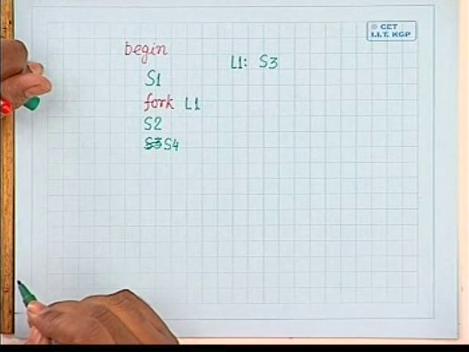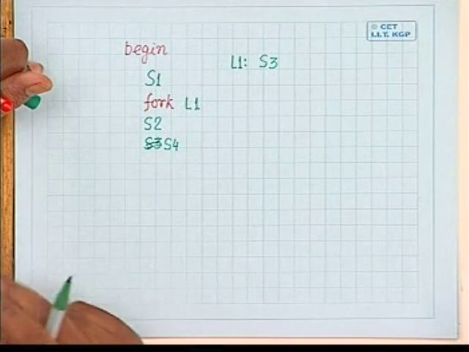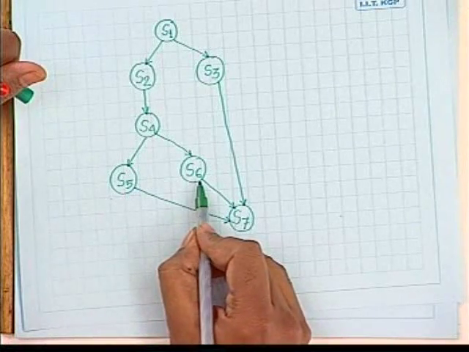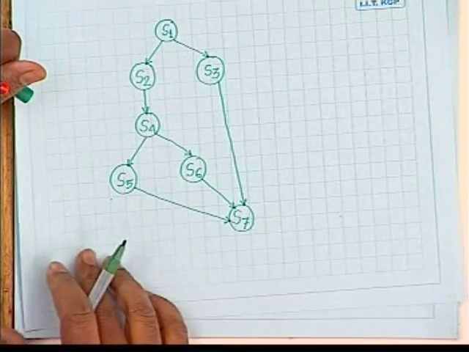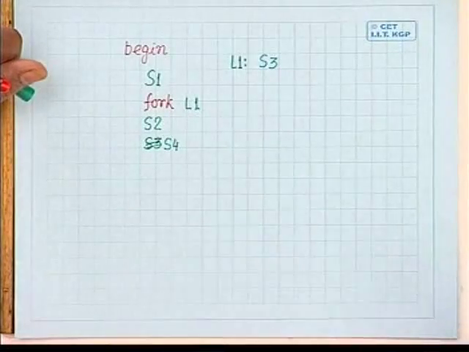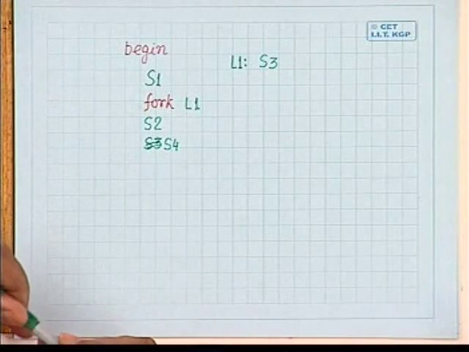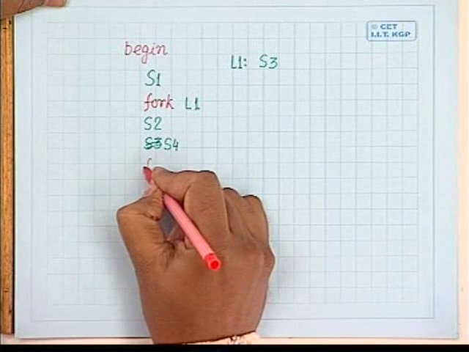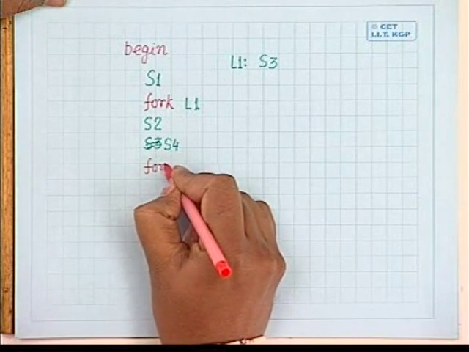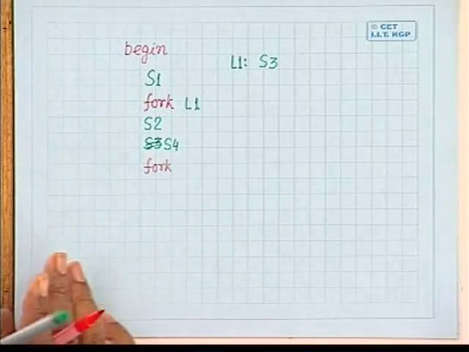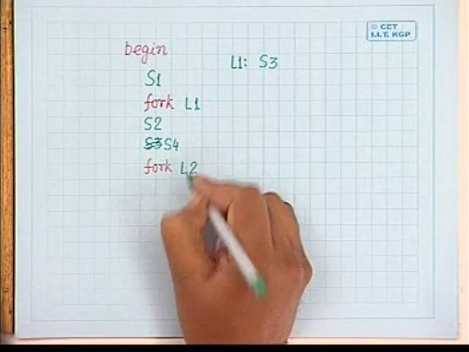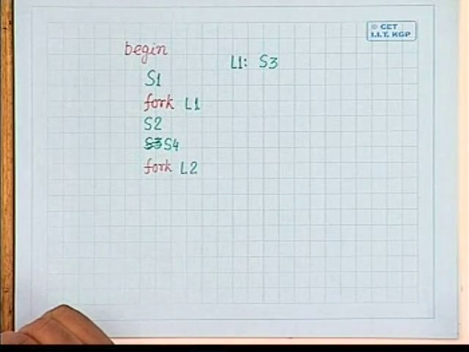After S4, again I can have two processes. One process will execute S5, the other process will execute S6. So again, I have to make use of a fork statement with a label. I'll put another fork statement, fork L2. Again, it creates two processes.